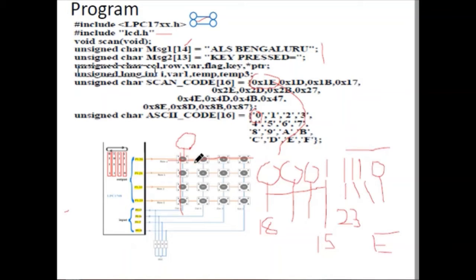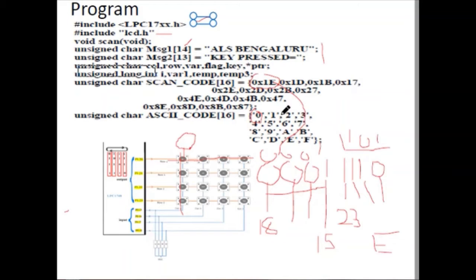So if you press 1, what will be the value? The value will be here 1 1 0 1, and the other side value will be 0 0 0 1. So it turns out to be the value 1D. If you cross verify, you will understand this.